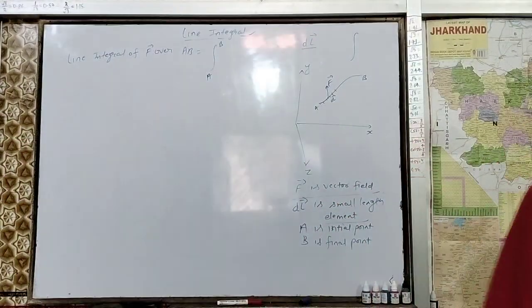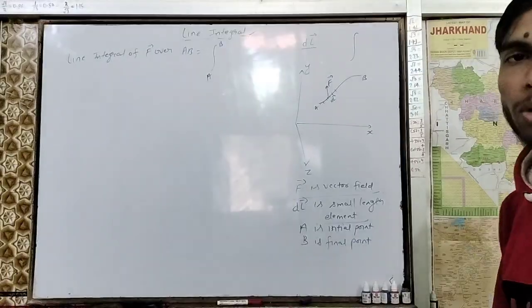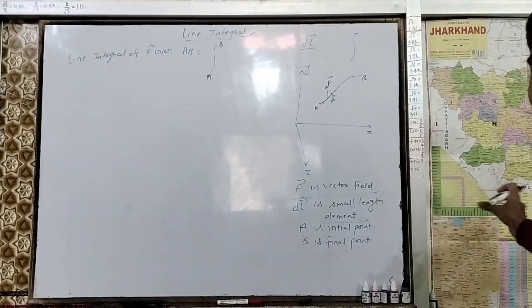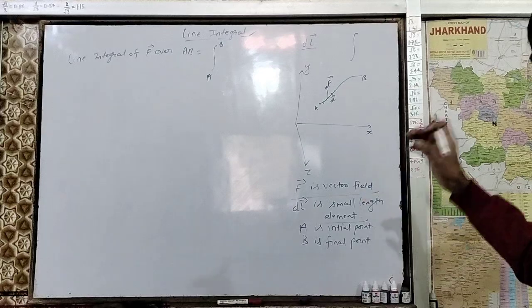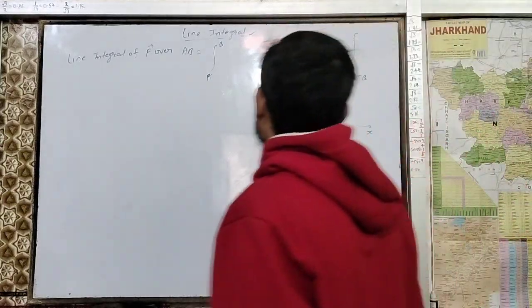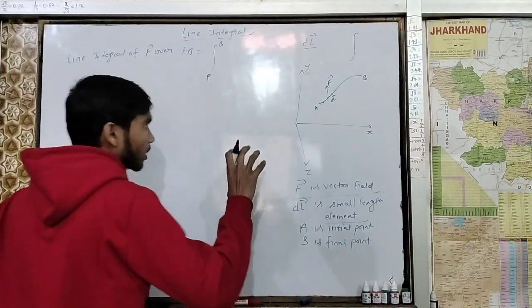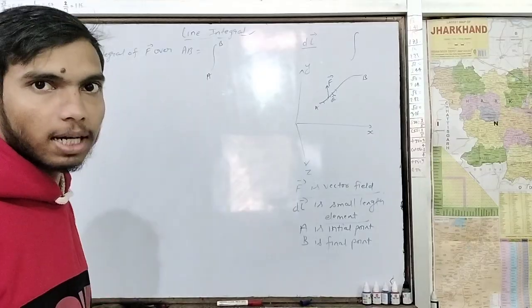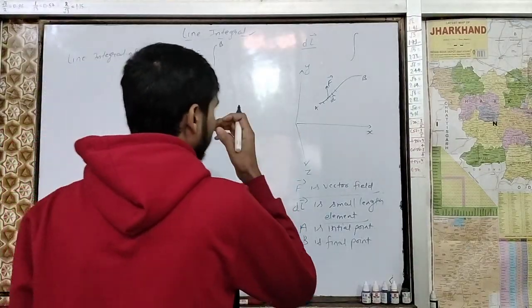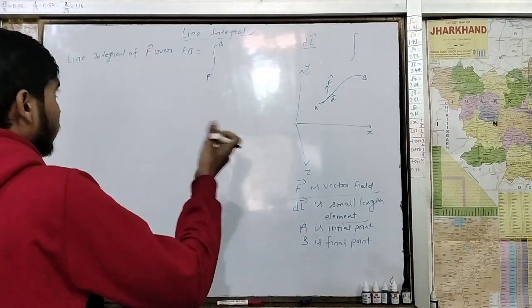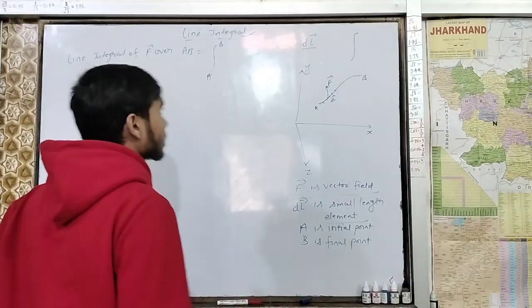From A to B, we are trying to find the total element from A to B. Since all these small elements are present in a vector field, it is compulsory to take a vector field. Otherwise, it will not make sense.